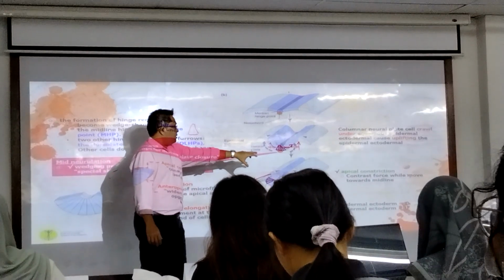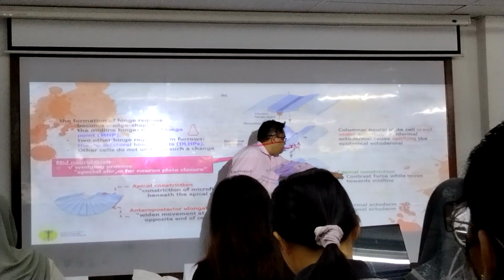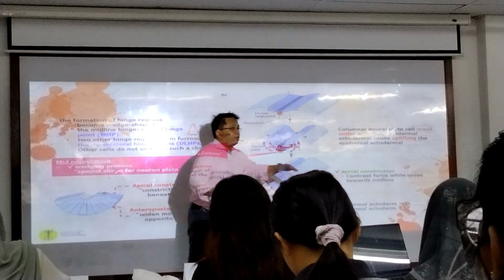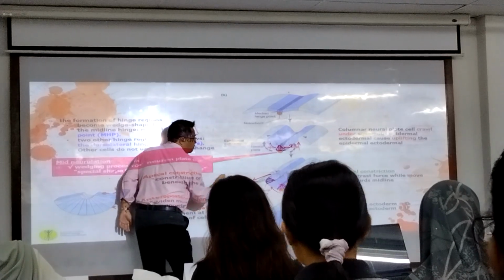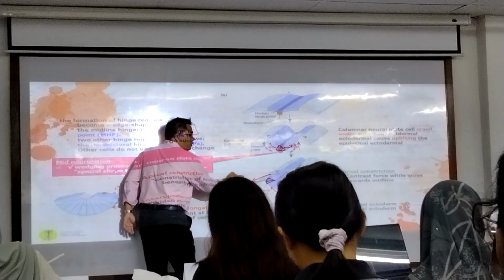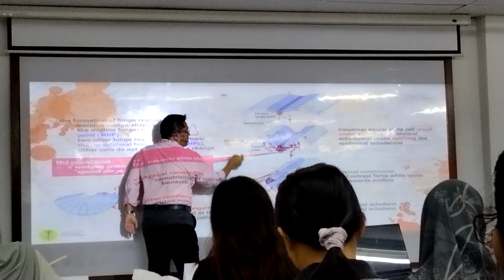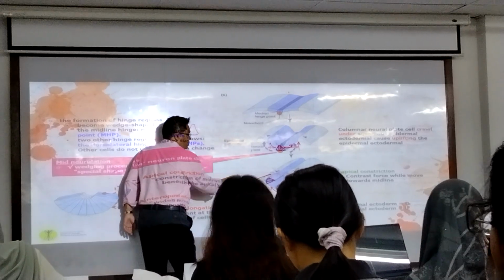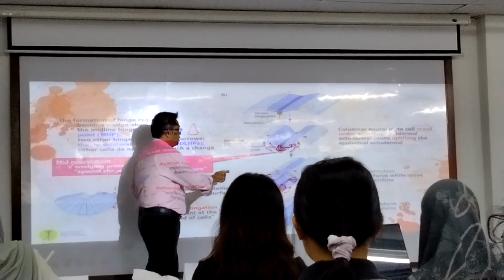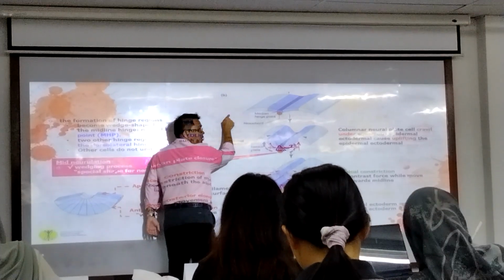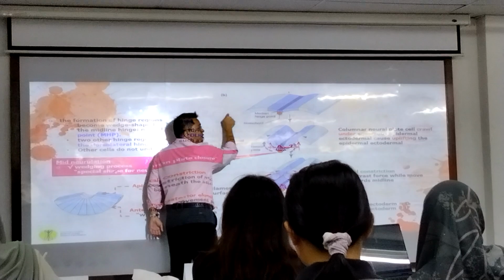Where do we get this apical constriction? It is given by the epidermis, the rest of the epidermis somewhere, the surface element. Right? You have to make this one always connected to the surface element.